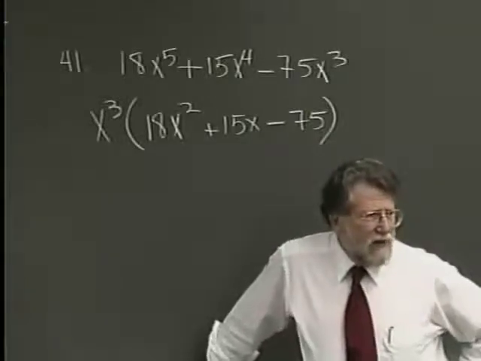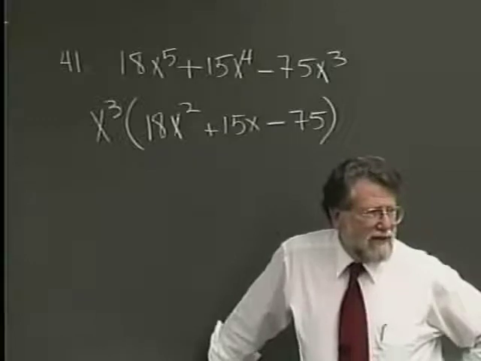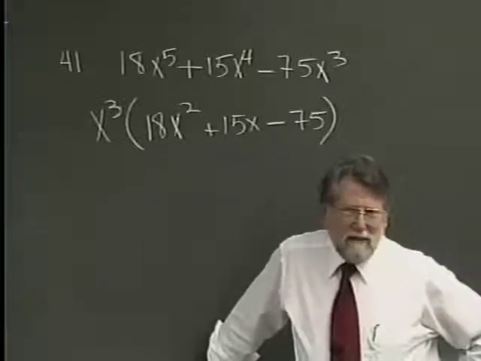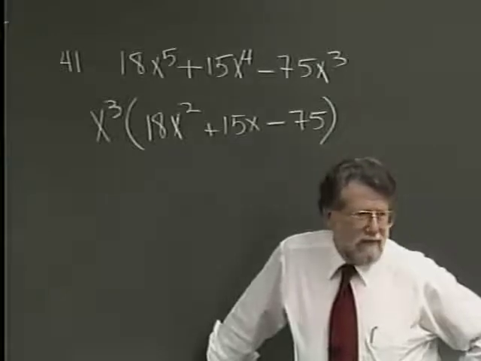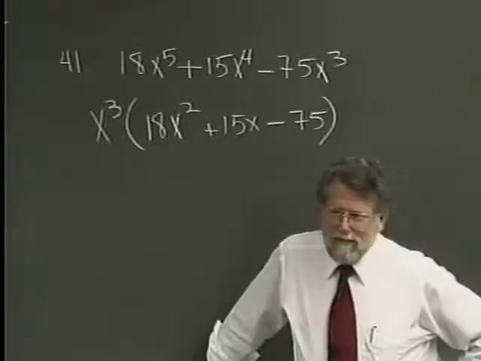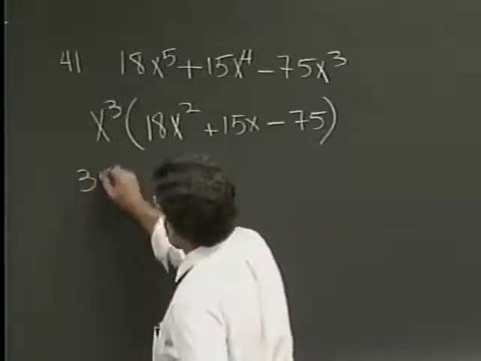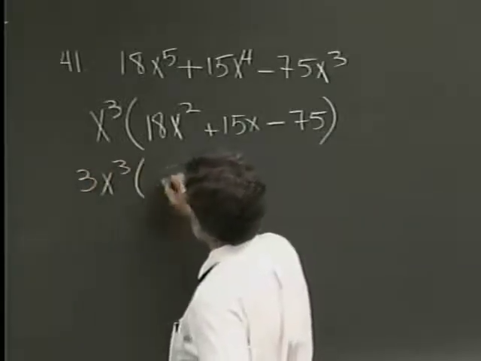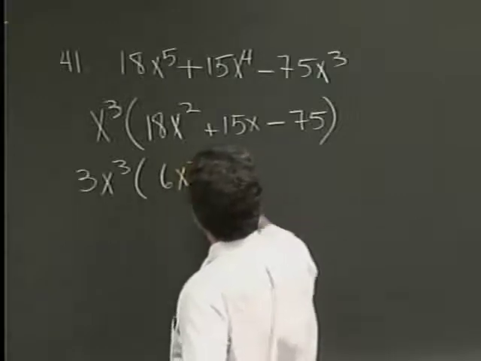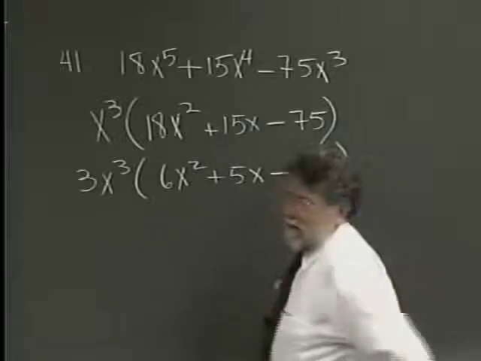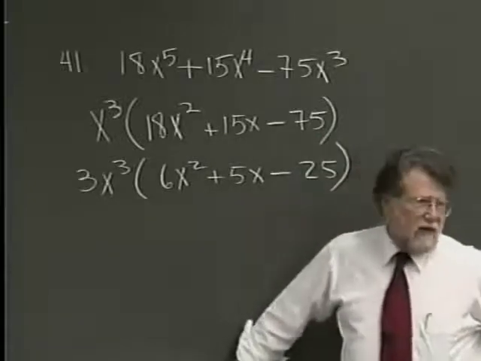Because the minute I started writing those numbers, I did a mental double take and thought, oh darn, this isn't going to be so fun. Because I have a 3. Not nearly as much fun. So if I take out a 3x cubed, I thought we could really get into this one. We can't. I mean, yes, it's interesting, but not nearly as interesting as 75s and 18s.